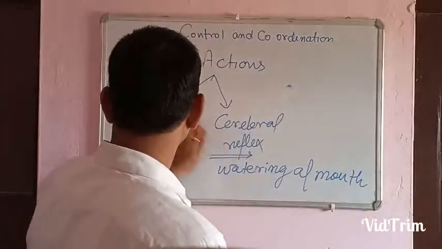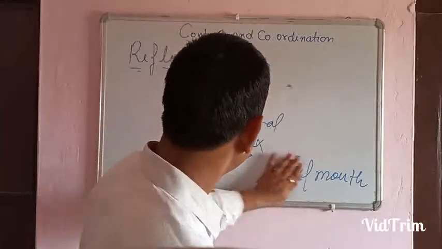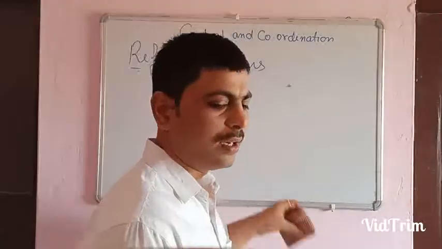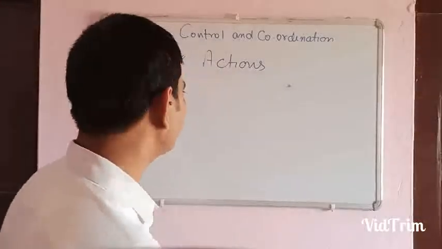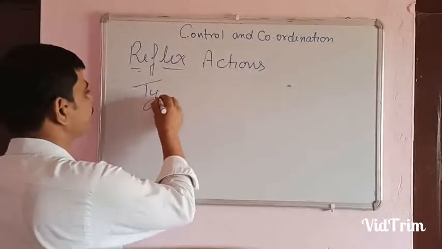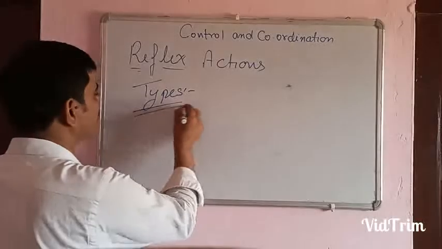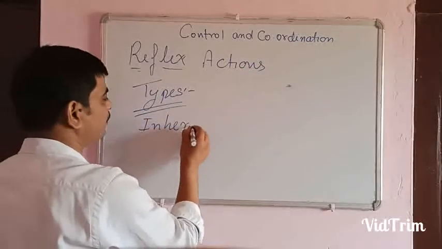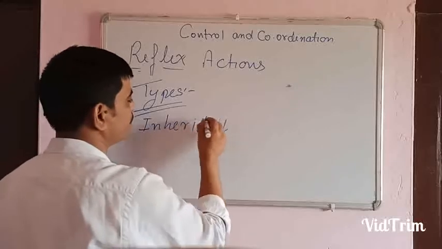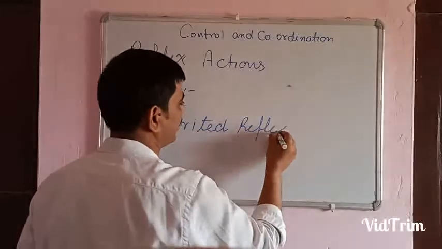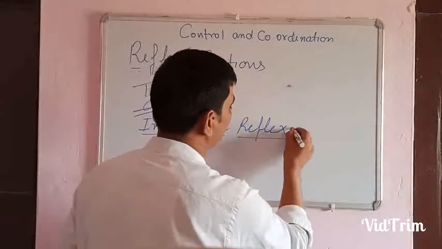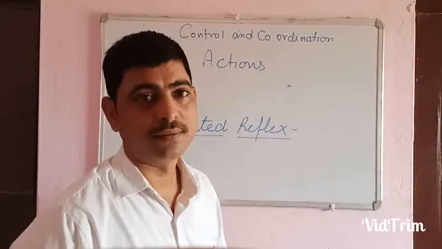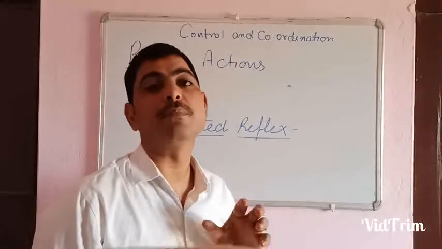Dear students, reflex actions, on the basis of whether they are present in the body by birth or learned in life, are also of two types. One you can say is inherited reflexes. Inherited reflexes are present in the body by birth, like blinking of eyes, or the sucking of nipples by a baby.